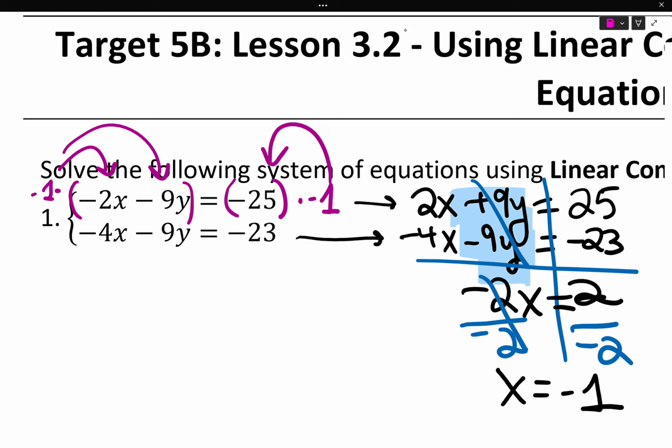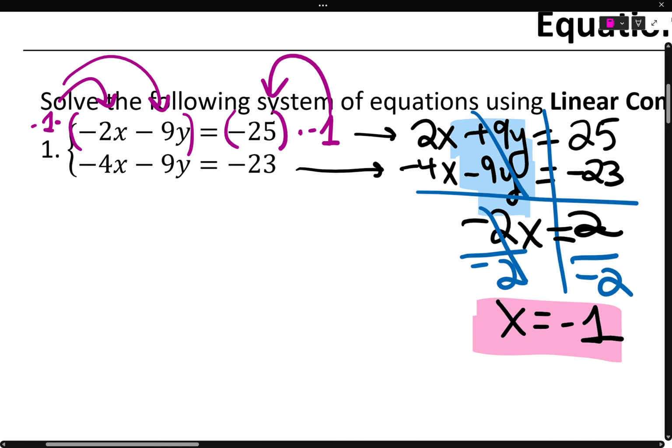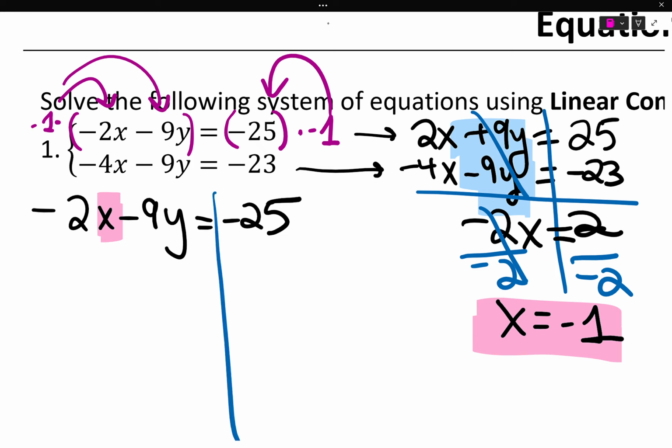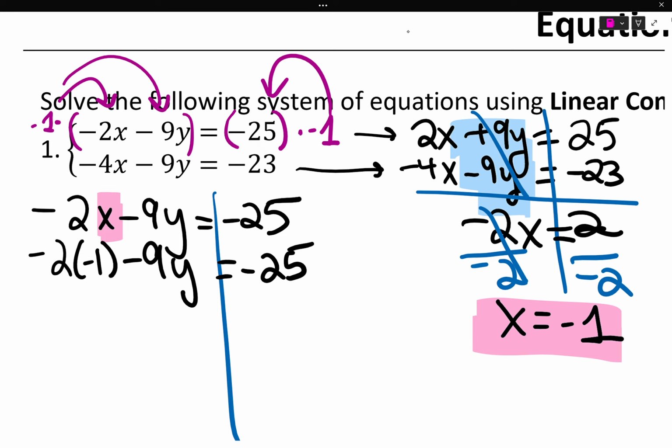It doesn't matter which equation we plug back into to find y. I feel like using the top equation. I like rewriting it, but you can start plugging in immediately if you so choose. So instead of x, I have a -1, and the rest of my equation stays exactly the same. -2 times -1 is positive 2.